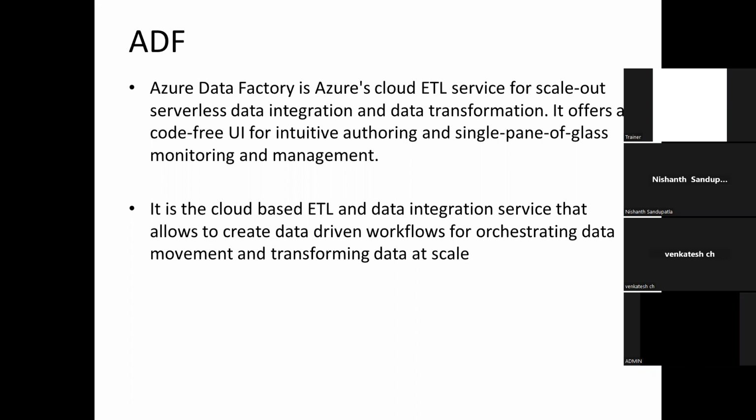Those kinds of issues you will never get at scale. Even billions or trillions of transactions you can process in minutes, right? Terabytes, petabytes of data you can process in minutes and hours. So that's where the beauty of this ADF is.